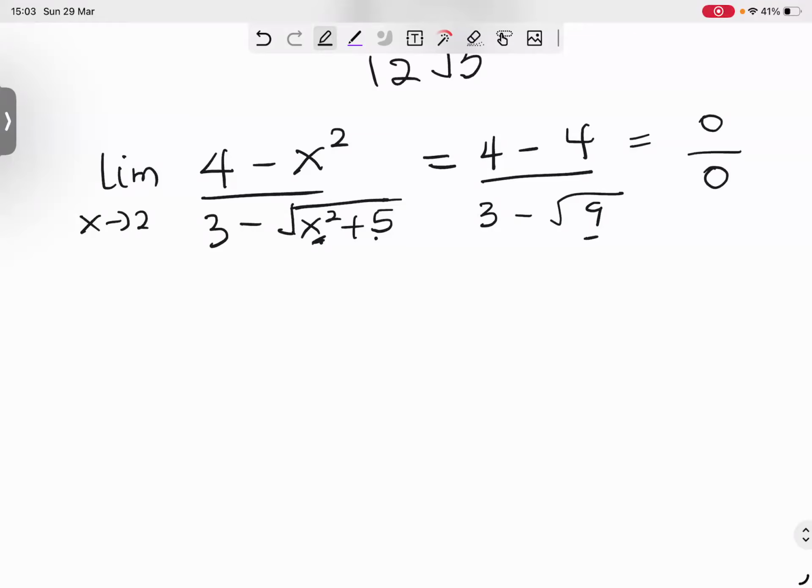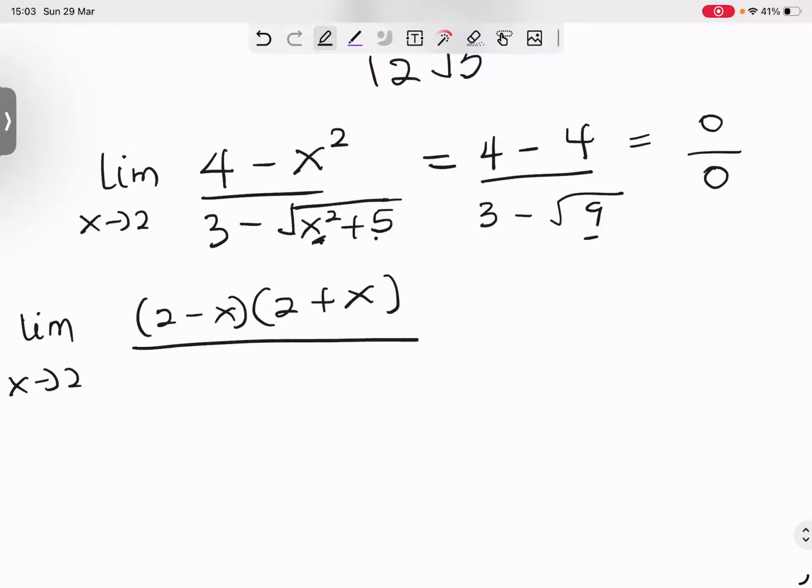We need to simplify our function. So limit as x approaches 2, simplifying, if we look at the numerator, I see the difference of 2 squares also. So I can factorize the numerator, and that will be 2 minus x times 2 plus x divided by, I have my 3 minus square root of x squared plus 5.